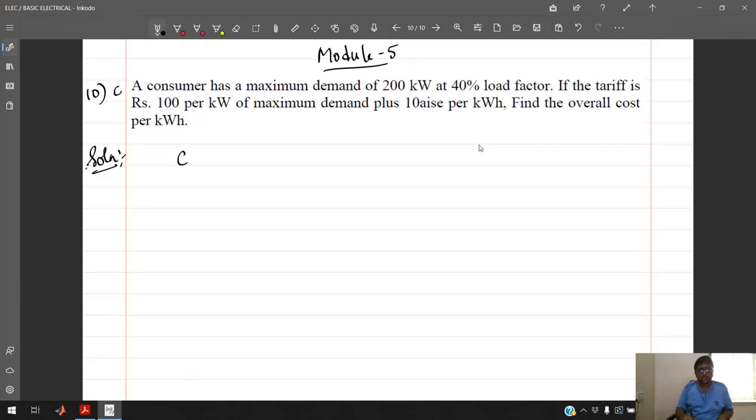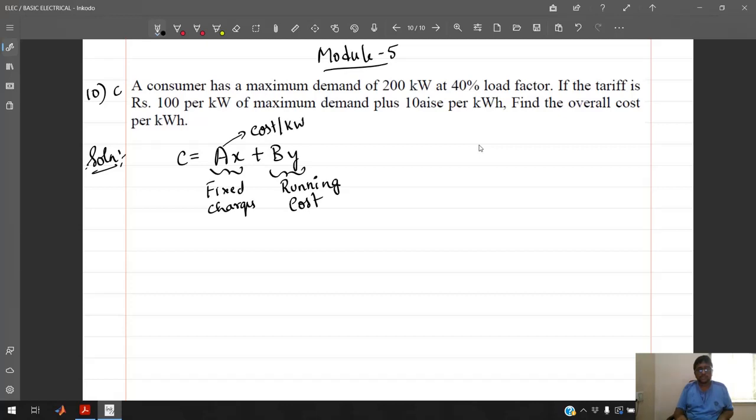You know that in a two-part tariff, C is equal to AX plus BY, where AX is nothing but the fixed charges. And BY is a running cost, which is based on the electricity consumption. What is A? A is the cost per kilowatt of maximum demand.